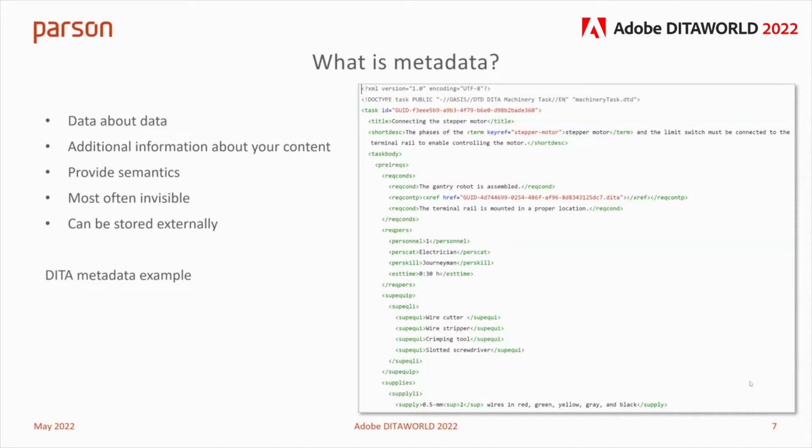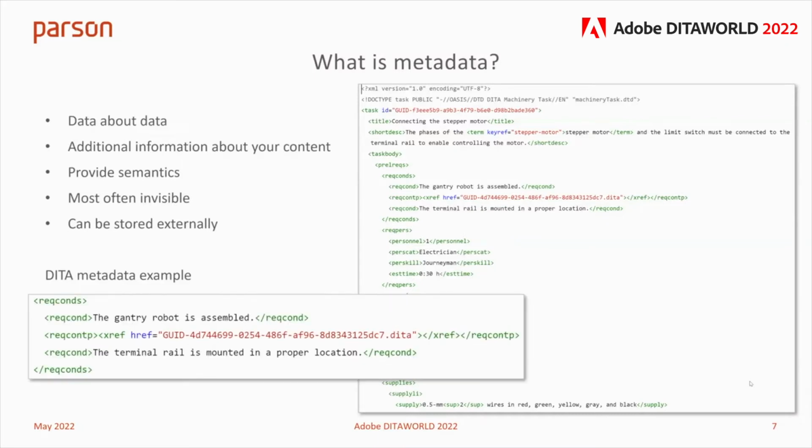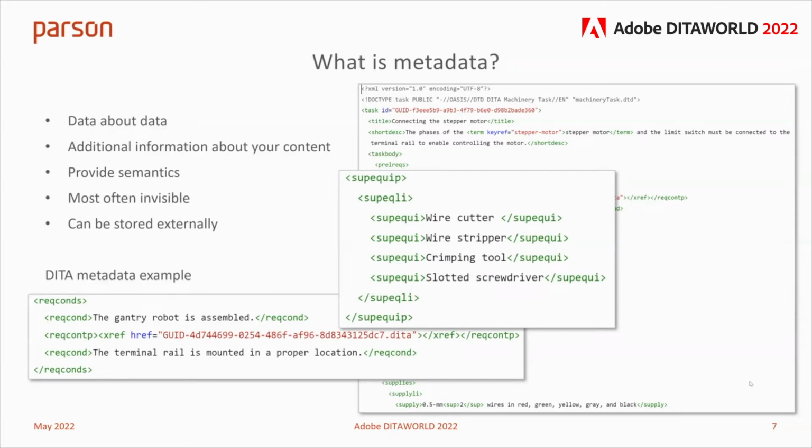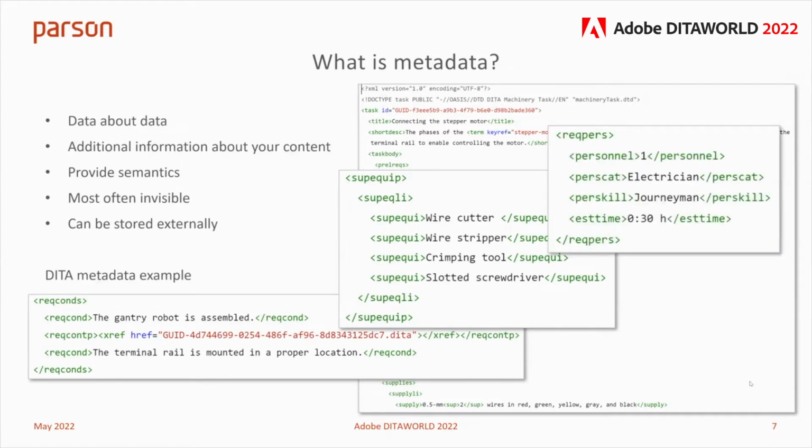So here's some of the metadata from this DITA document: the required conditions that must be fulfilled before you can start the task, what support equipment is required for this task, which tools do you need, then the required personnel, how many people do you need to perform the task, what is their skill level, and what is the estimated time to perform this task.